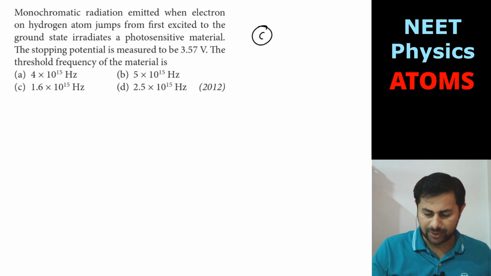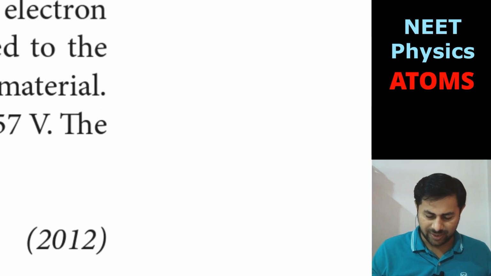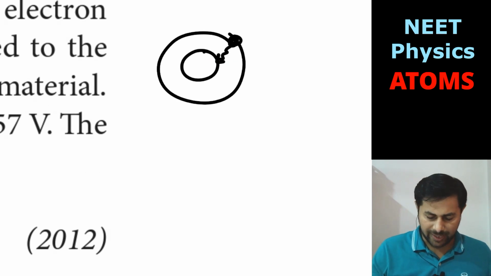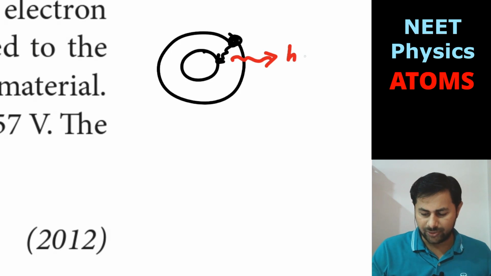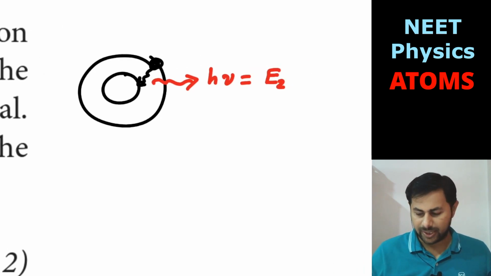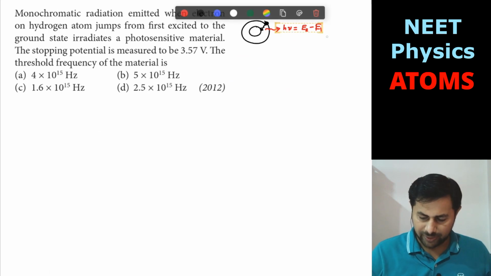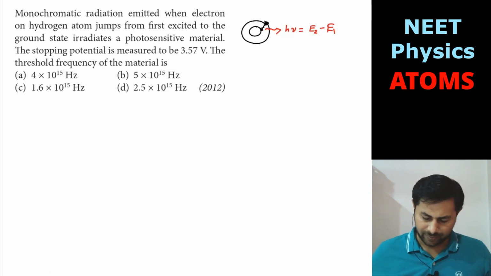So this is a hydrogen atom, and the electron jumps from the second orbit to the first orbit, and it emits a photon of energy equal to what? h nu would be equal to E2 minus E1, right? So h nu equals E2 minus E1.